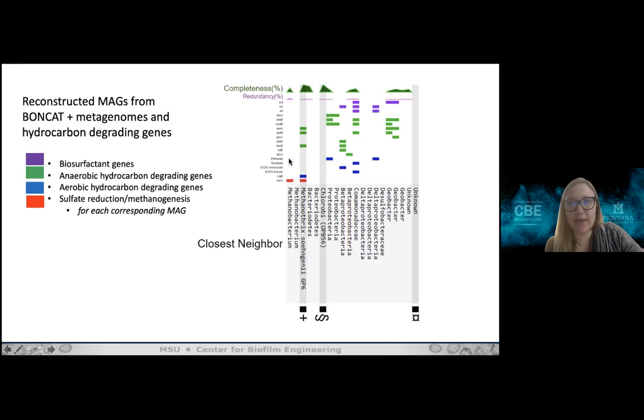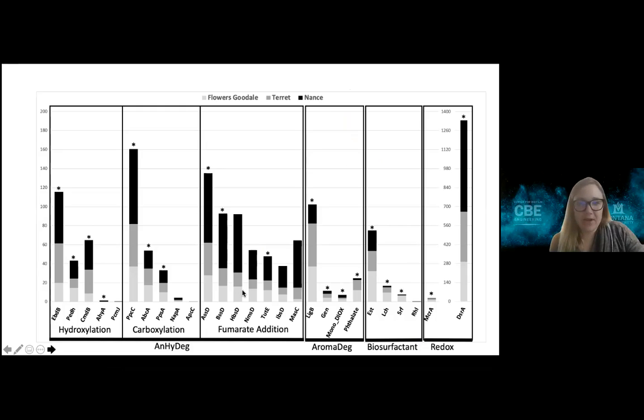So then we took this information of the genes that were present in our translationally active fraction. There's a lot going on in this, and a lot of genes, but essentially what I want you to take away from it is each different gradation of gray is a different well that we sampled in the field.